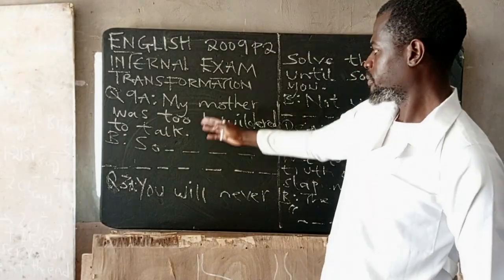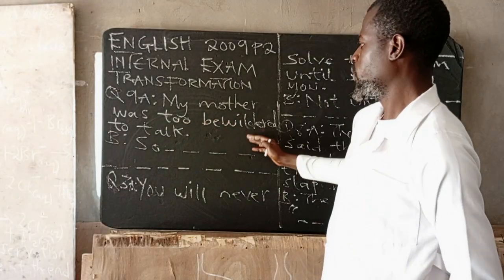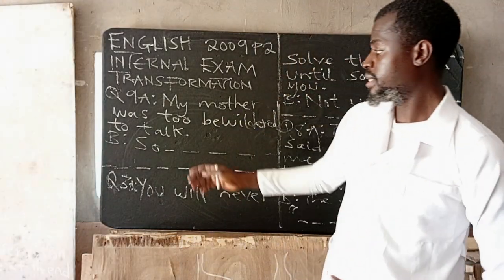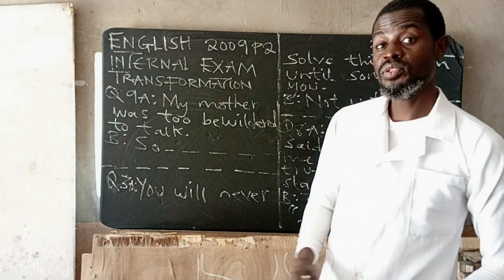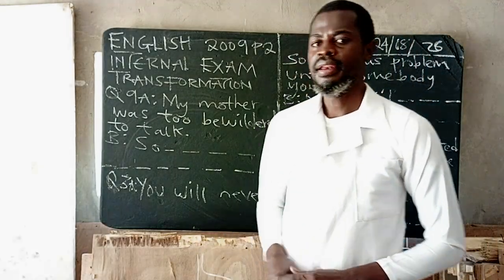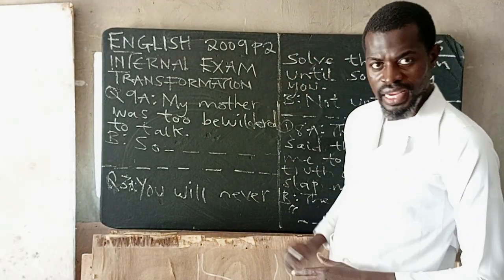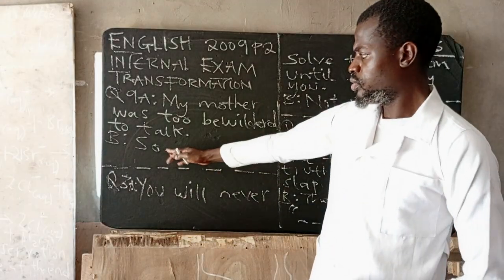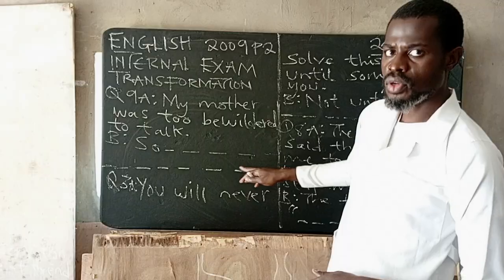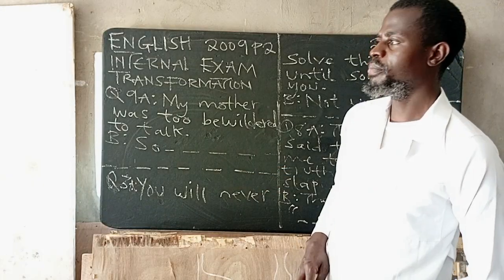In this case, my mother was too bewildered to talk. This is negative. So if you're told to write such a sentence starting with so, you're supposed to use a not in it in order also to change the meaning. Because too is negative, so even when you're using so, you're supposed to use a negative word which is not. I hope it makes sense.